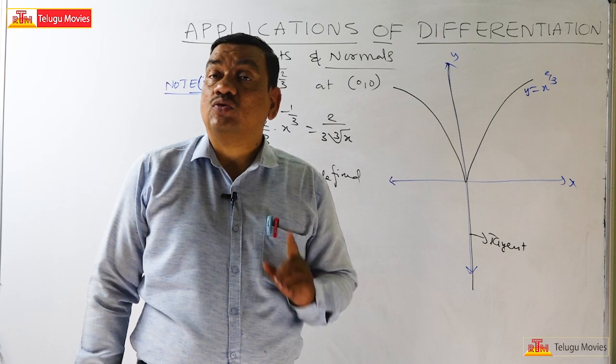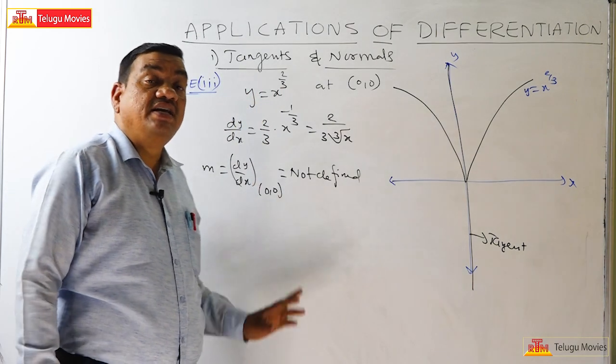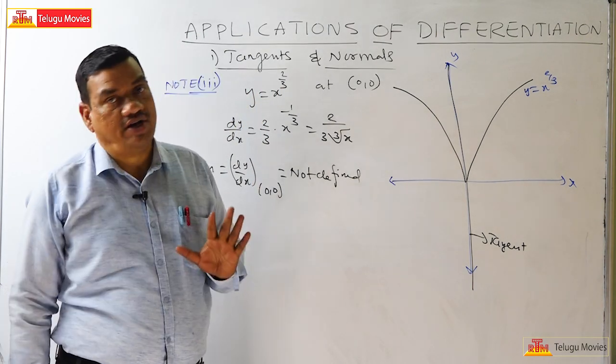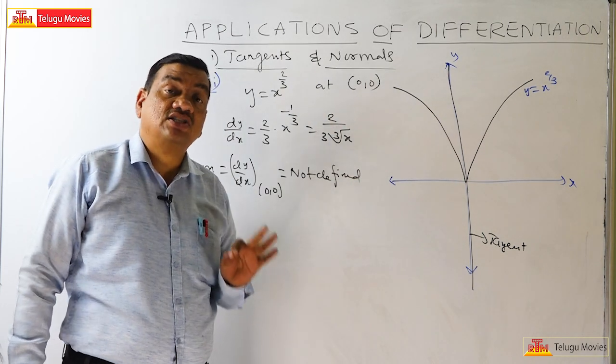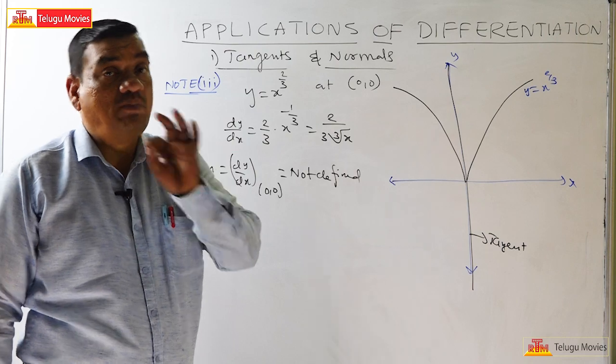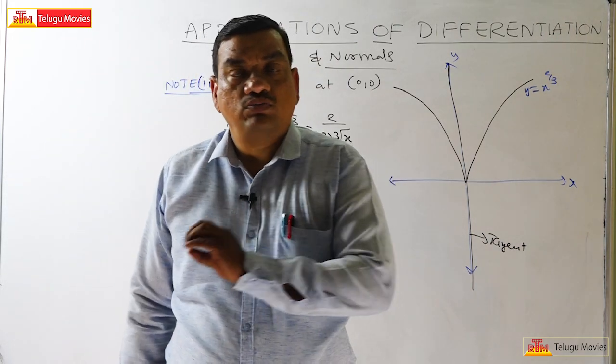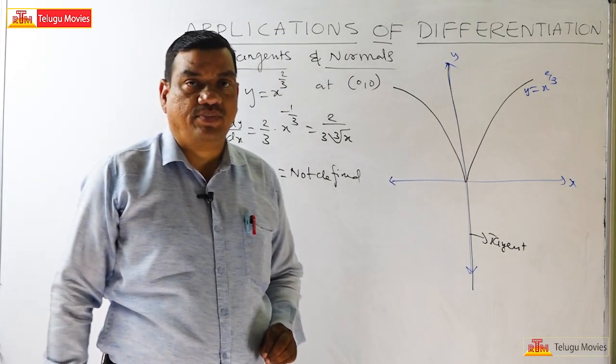So it is not a question of whether dy by dx exists or not. Even though it does not exist, there is a chance of having a tangent at that particular point. Okay, now. I hope that you understand this concept.